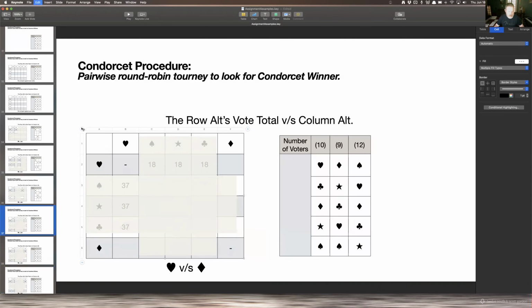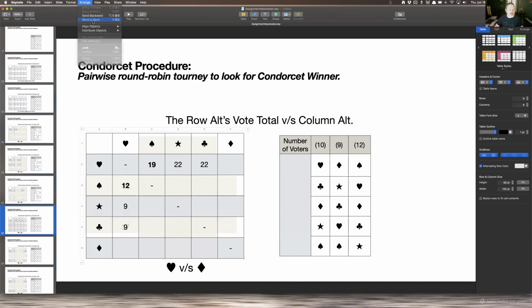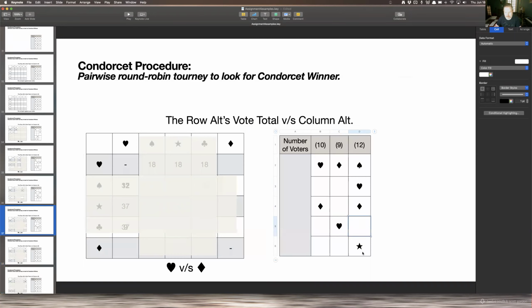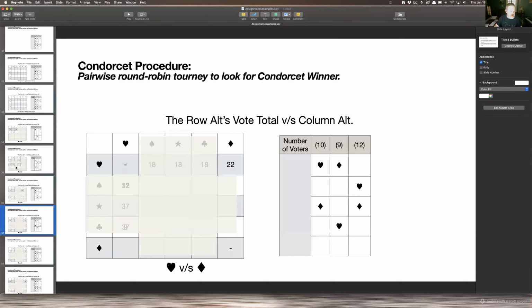So now we're doing hearts against diamonds. Hearts gets 10, doesn't get any here, but it gets 12 here. So hearts against diamonds also gets 22.